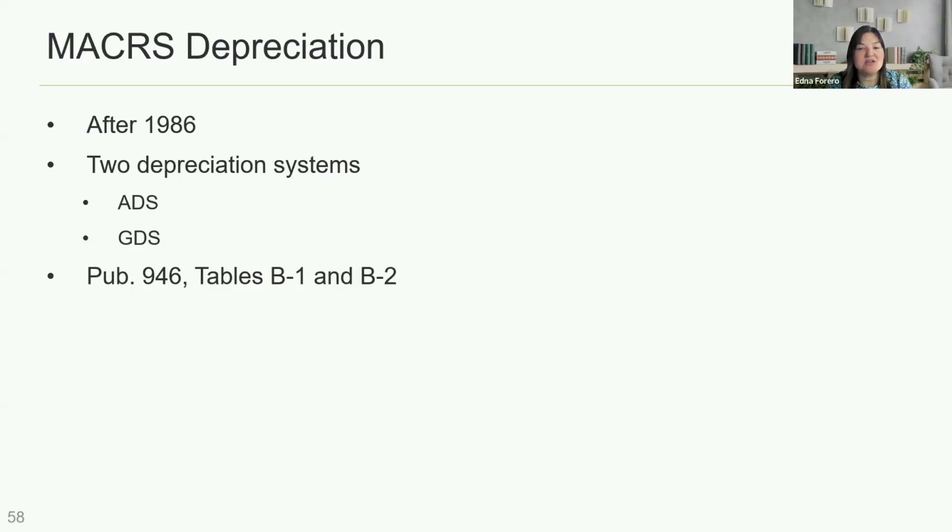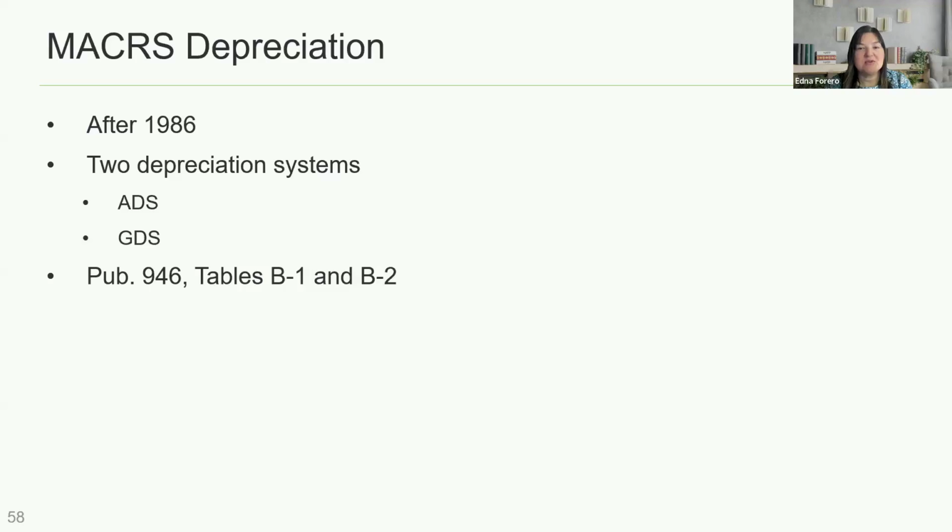Under the alternative depreciation system, you'll see that it's not used quite as much as the GDS. But if you want any more information on that, definitely look in Publication 946. Tables B-1 and B-2 are going to be where you find information on those depreciation systems and where to find the percentages that you're going to use when you depreciate your items.